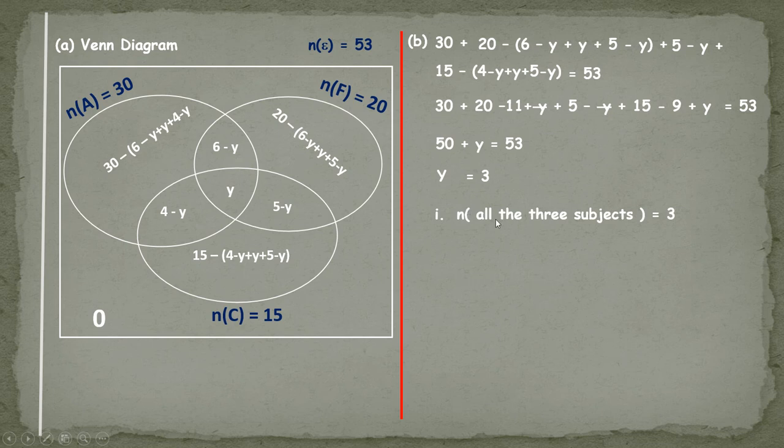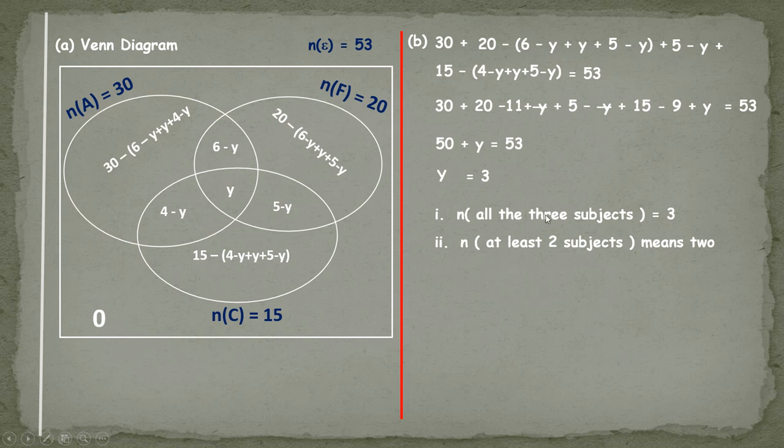How many like all the 3 subjects? It is y, that is 3. At least 2 subjects means 2 subjects and above. At least 2, just like at least 2 pens, means you can have 2 pens, you can have 3 pens and more.